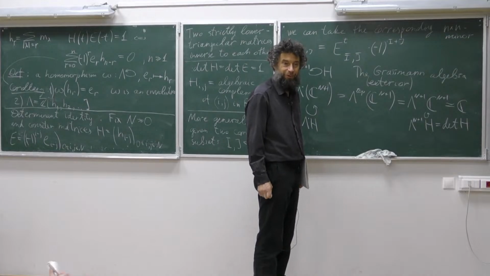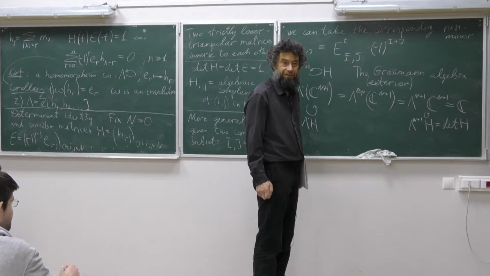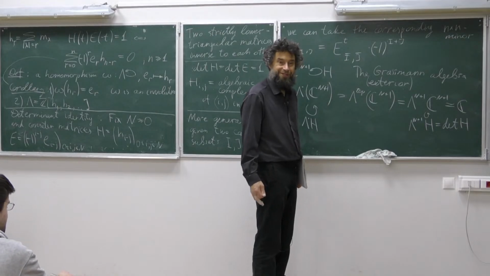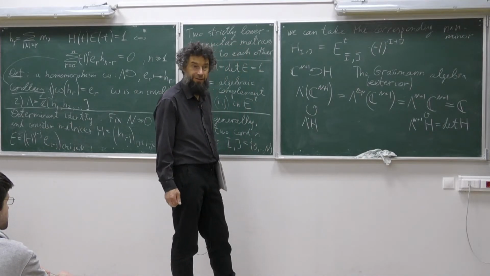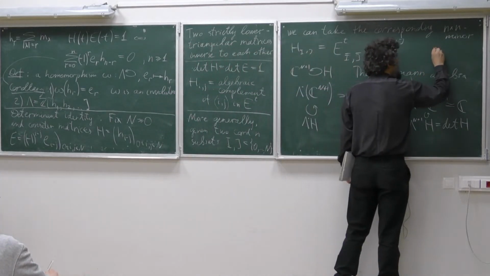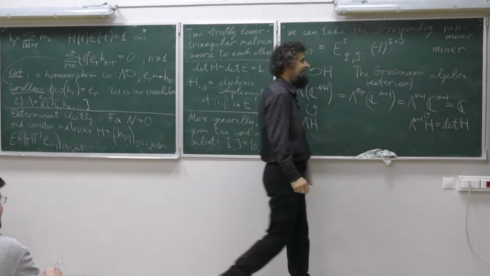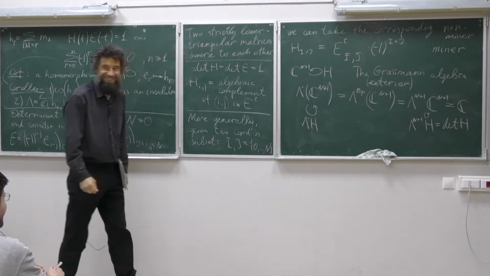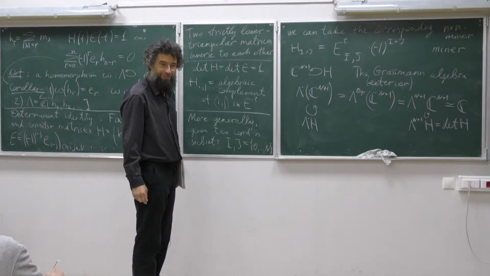A minor is something small. It's a determinant of smaller size, by definition. Right, major, minor, right.